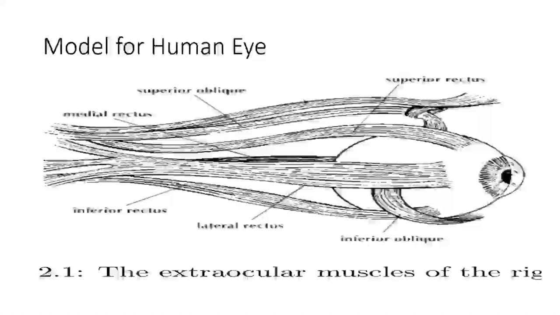The eye is a part of the sensory nervous system. The movement of the eye is controlled by the extraocular muscles. Four muscles control the movement of the eye in four directions: upward, downward, left or right.